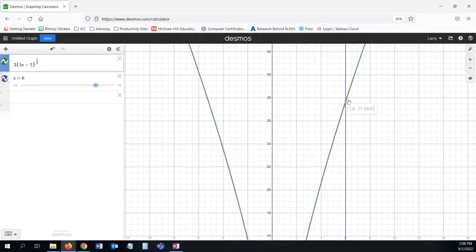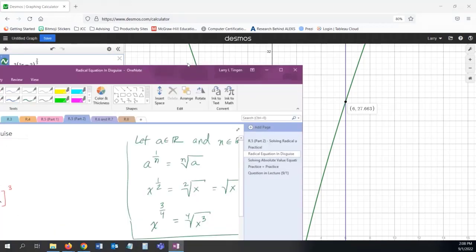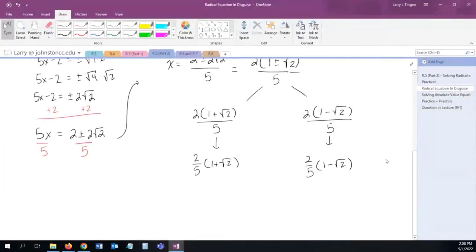They're equal when they intersect. There's only one intersection, so it tells us that one of the roots is good, one of them is extraneous, and it turns out that the solution is just the plus. The minus doesn't make the cut. So this checks, this fails.